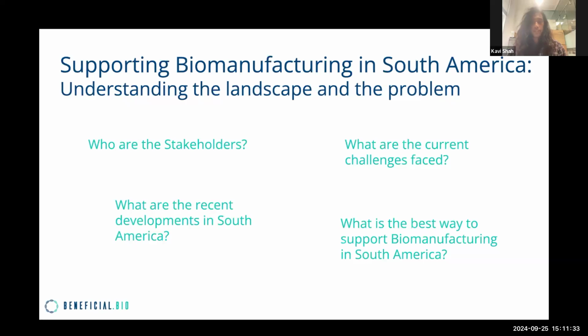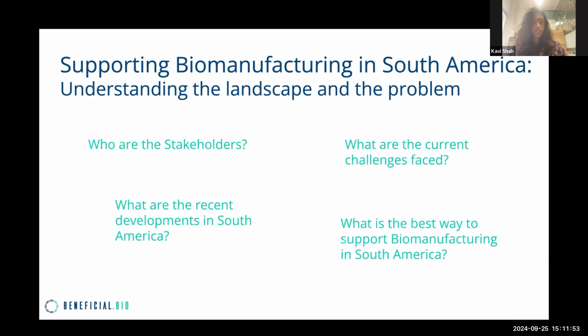Beneficial Bio's aim is to support biomanufacturing in the Global South, and obviously one of the areas is South America. But in order to do this best, there's really a need to understand the landscape and the problem, and this changed considerably, for example, through and after COVID.